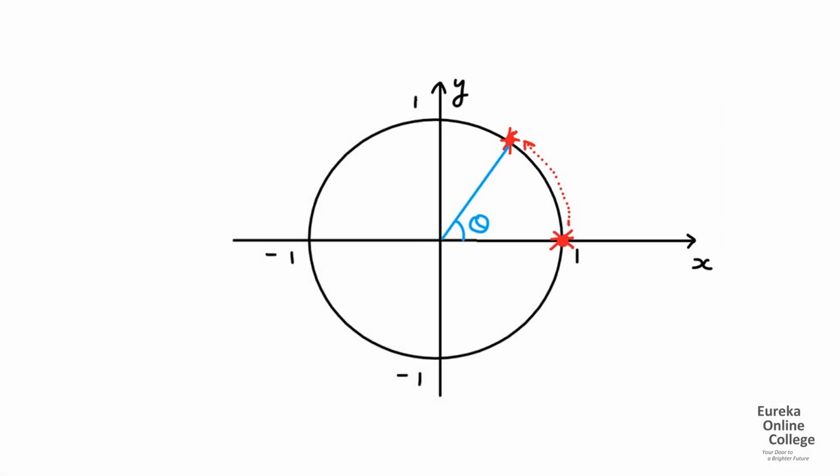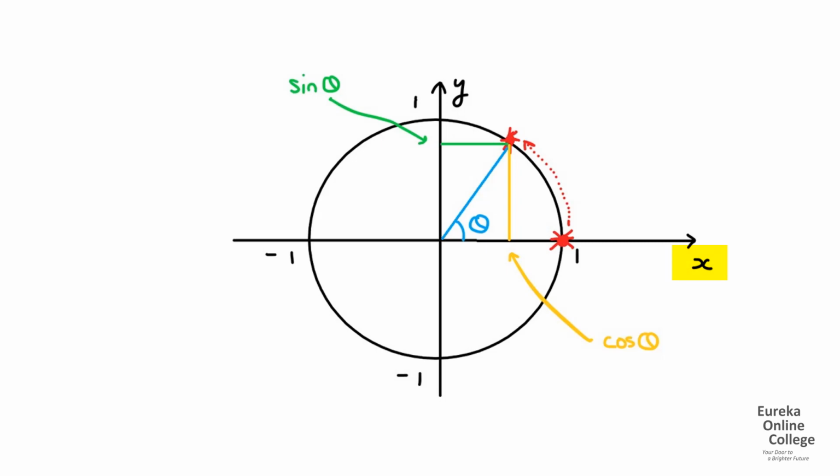You can see that the ant, wherever he is on the circle, it doesn't matter, he's going to have an x-coordinate and a y-coordinate. And this is the key thing to remember. Wherever the ant is on the unit circle, his x-coordinate is what we're going to call cosine theta or cos theta.